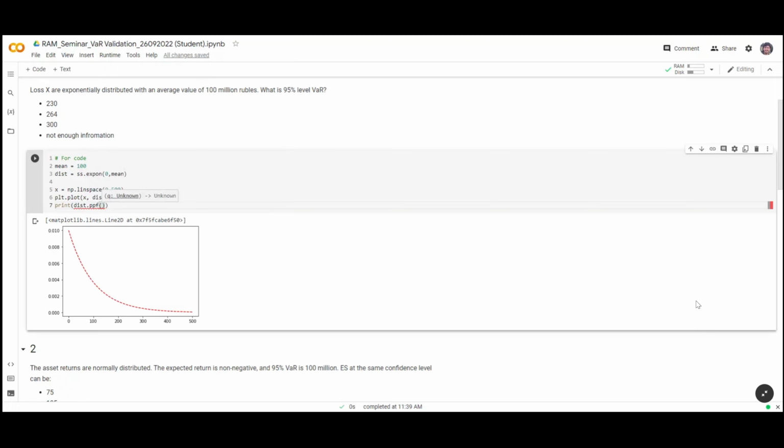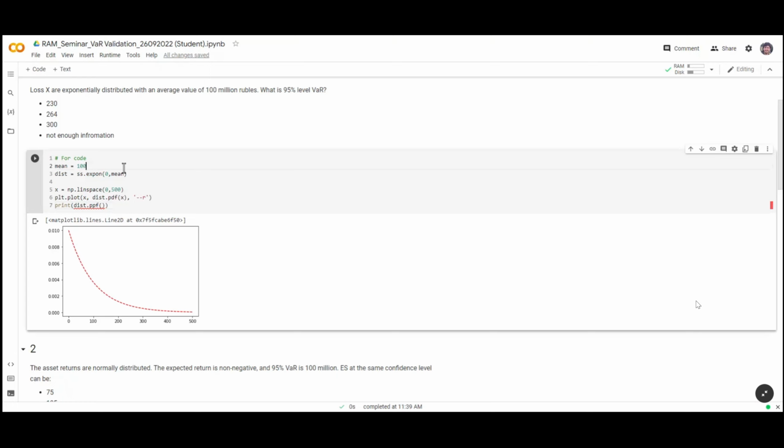So here we remember that we deal with the distribution representing losses. So the greater the number of x, the greater the loss. And I understand that I should find value at risk not on the left side of this distribution, not somewhere around 0, but somewhere in the great numbers, right here on the right tail.